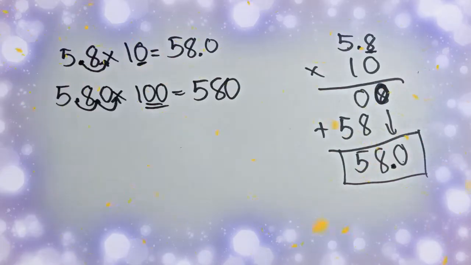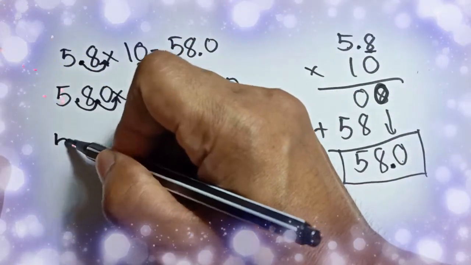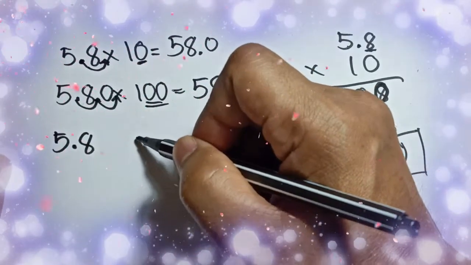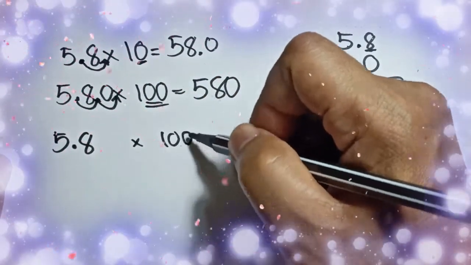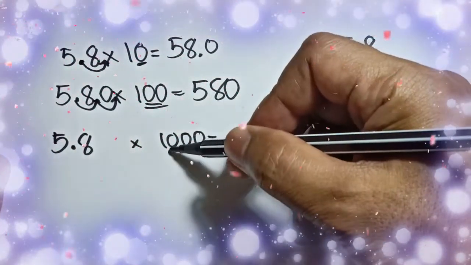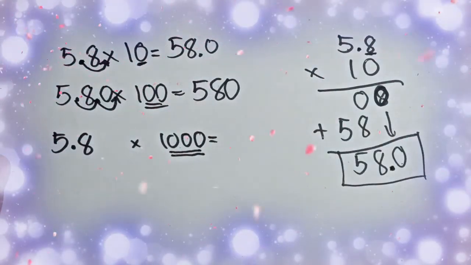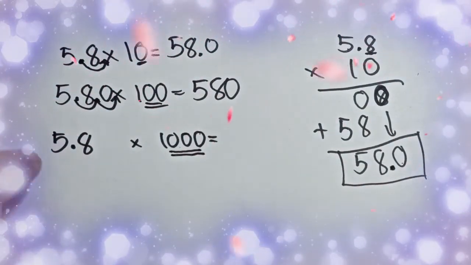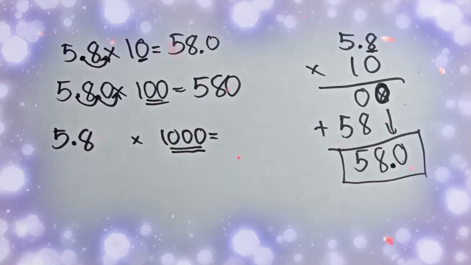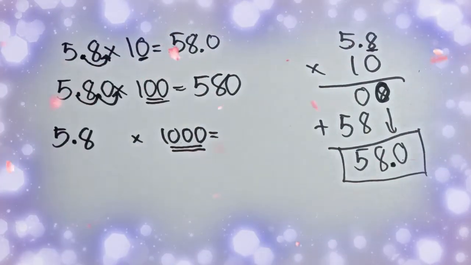Now another one, if you are going to multiply 5.8 times 1000, as you can see here, in 1000 there are 3 zeros. So you're going to move your decimal point 3 times to the right.